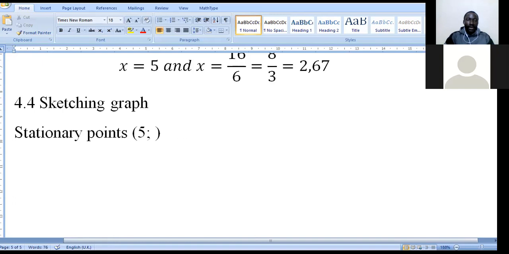And the second one is where x is 8/3, which is 2.67. Let's write 2.67. Then the y value is not known. So let's determine the y value real quick, just a minute.